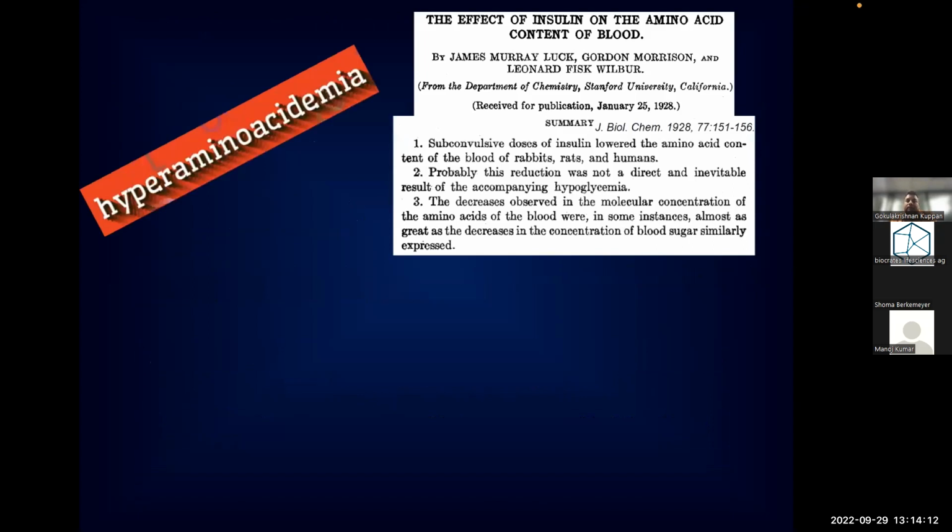If you look at the history of metabolomics, people can say it is from 2011 or 2012, when Nature Medicine published a cluster of metabolites, a cluster of amino acids, which predicts the development of type 2 diabetes. But from 1928 onwards, there was a paper showing the effect of insulin on the amino acid content of the blood.